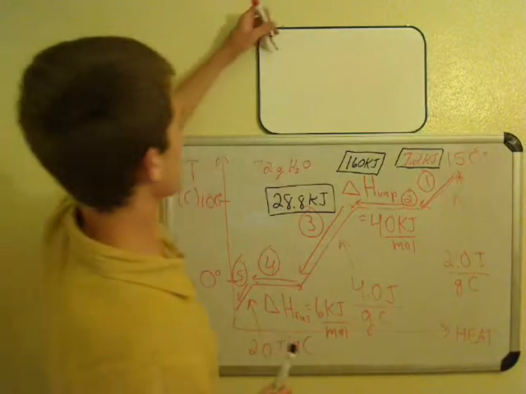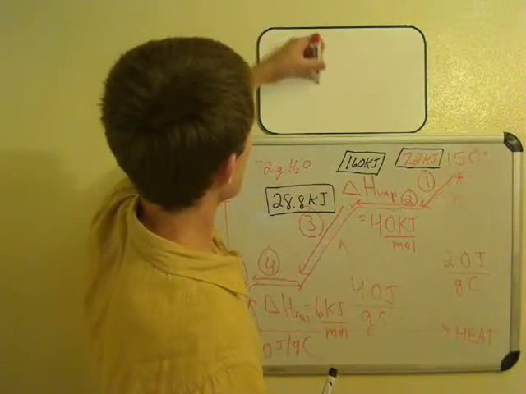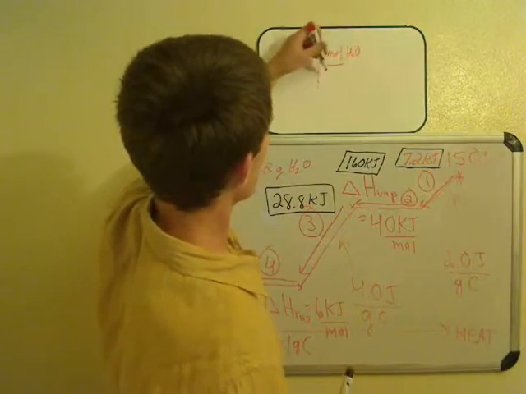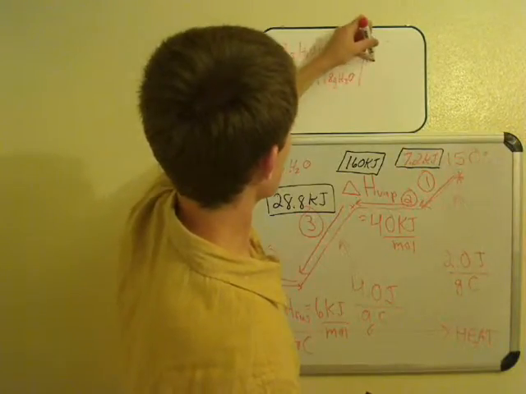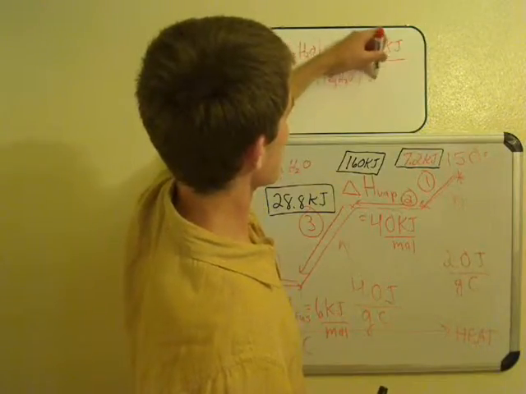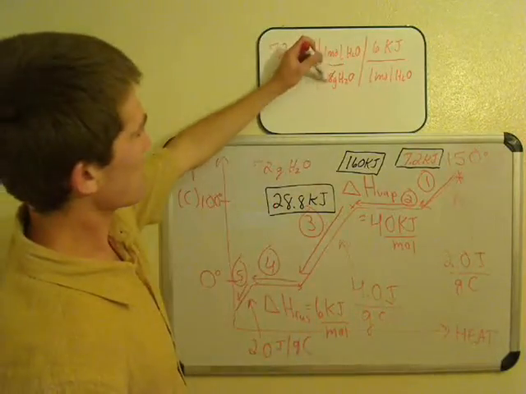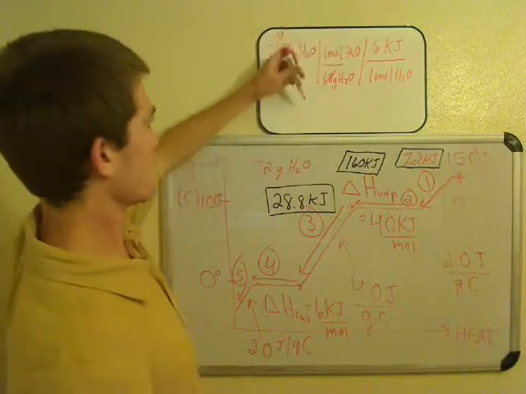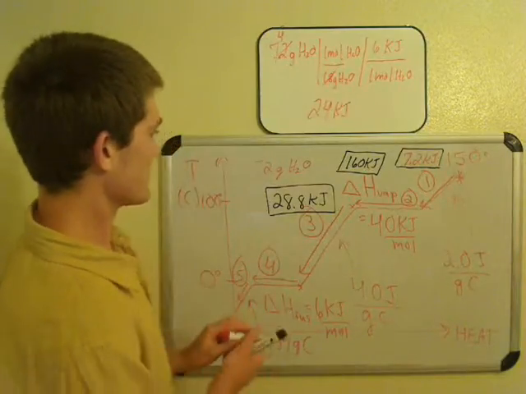We take our 72 grams of water, multiply by 1 mole of water per 18 grams, and multiply that by our enthalpy of fusion, 6 kilojoules per 1 mole of water. 72 divided by 18 is 4 again. 4 times 6 is 24 kilojoules.